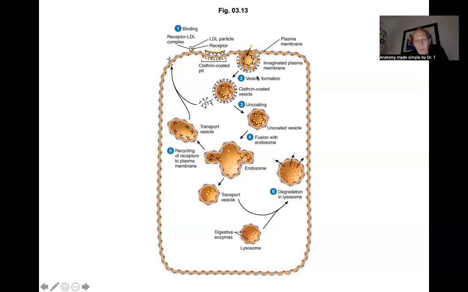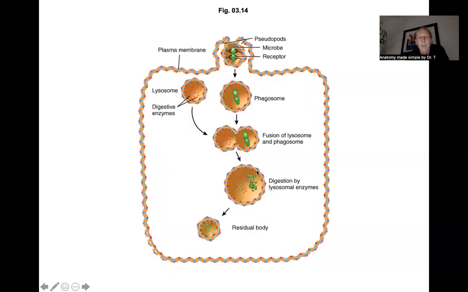It's always the same principle: part of the cytoplasmic membrane pinches itself off, making a vesicle, a bubble, that transports the substance without interacting with the rest of the cellular cytosol. If we take a look at what's going to happen, for example, to a microorganism, which also has been linked to some of the receptors on the surface of the cell, the cell is going to respond in the same manner. It will create endocytosis.